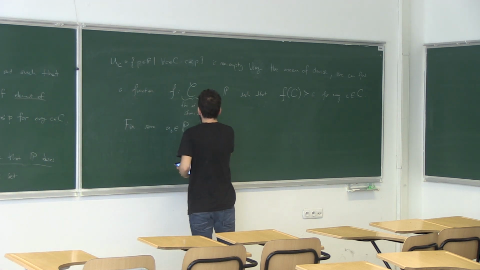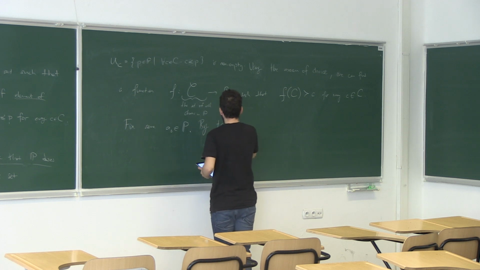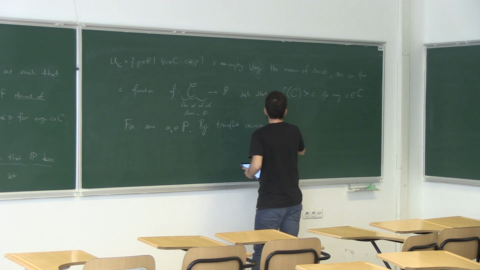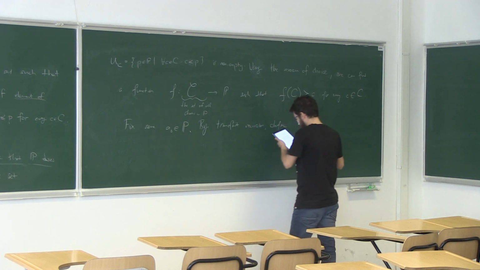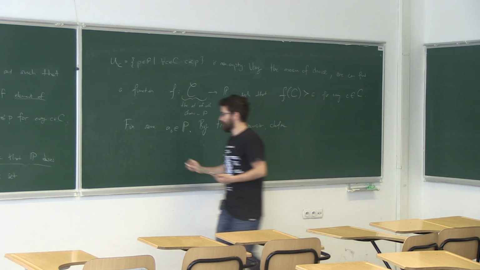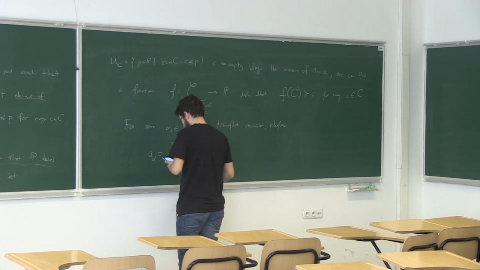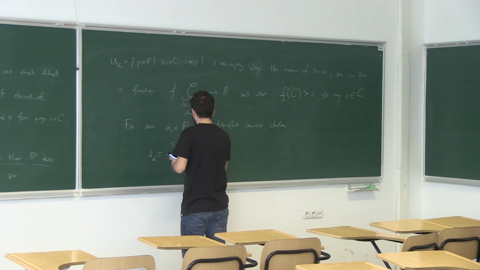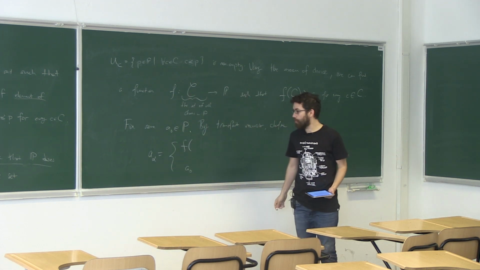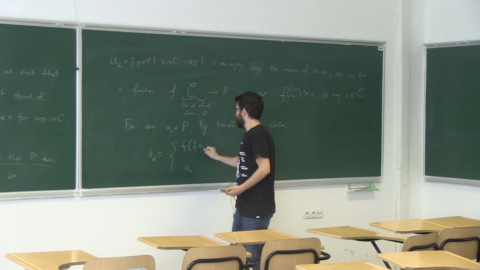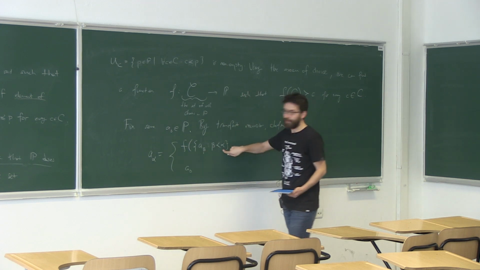By the assumption, I'm working with a non-empty partial order. Fix some element. Now, here is the crucial part. By transfinite recursion, define the following transfinite sequence. I'm going to do recursion. Here's what I do. In order to pick the alpha element, I look at the elements I have chosen so far.